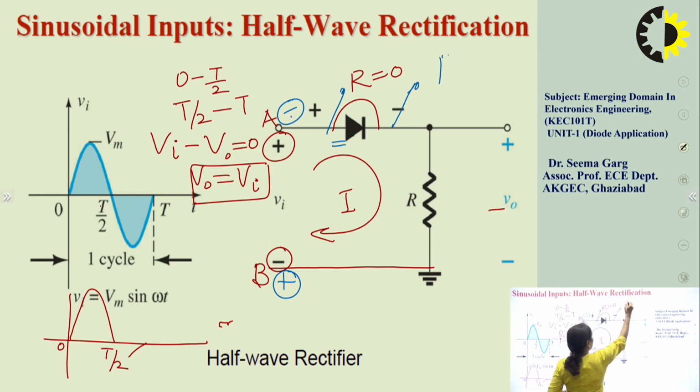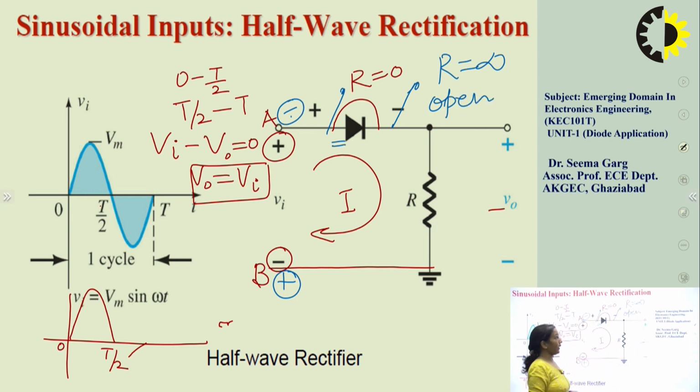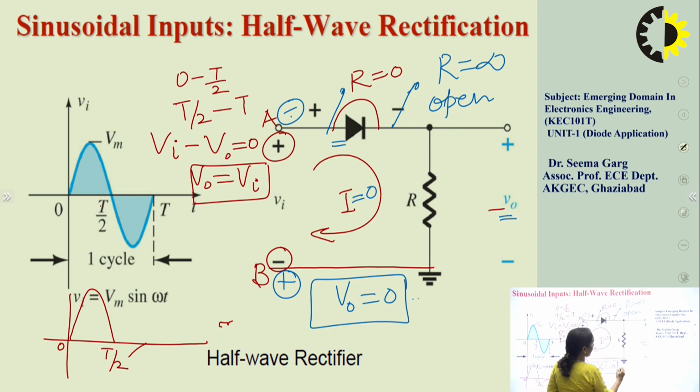It will offer infinite resistance. That means the diode will be in open circuit state, and if it is open, the current will be equal to 0. If no current is flowing through this resistance, then the output will be equal to 0. So Vo will be equal to 0 during the time period T by 2 to T.